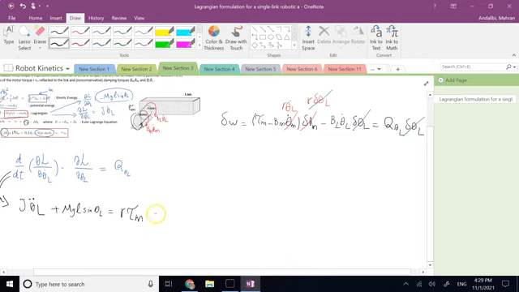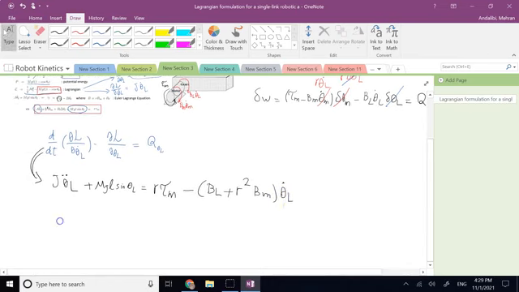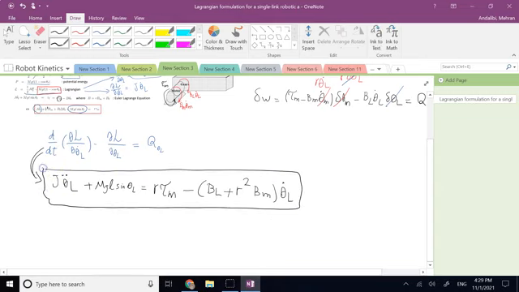So if you want, you can write it as minus B of L plus r squared times B of m, the whole thing, times theta dot L.